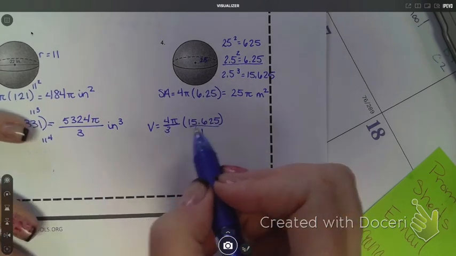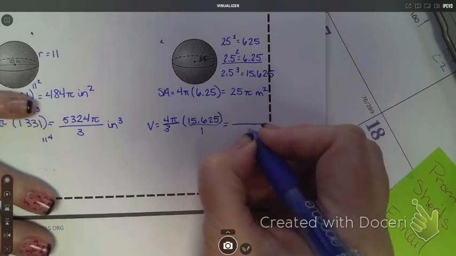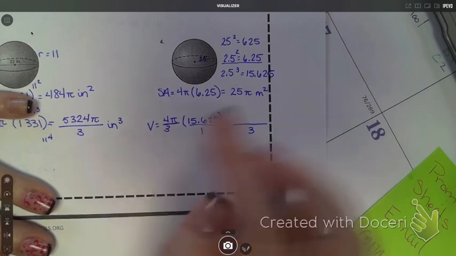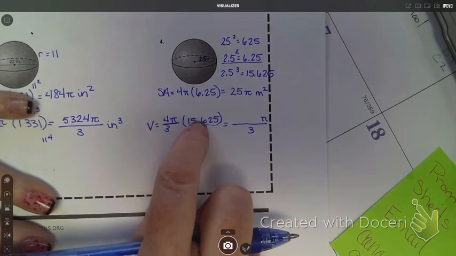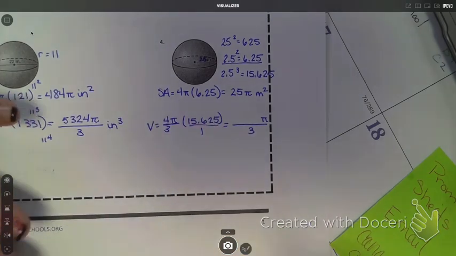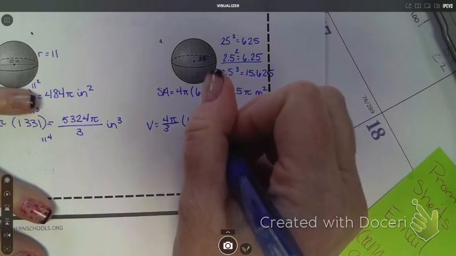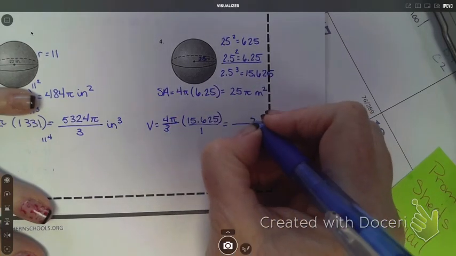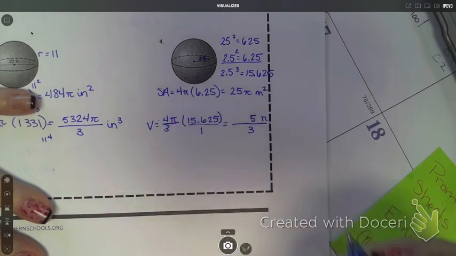No, so I can't reduce it. So my answer is just going to be over 3, and I'm going to have a pi. So I just take 4 times 15.625 now. That's it. But if it does go into it, then you reduce it, and then what do you have left over? You multiply times 4.